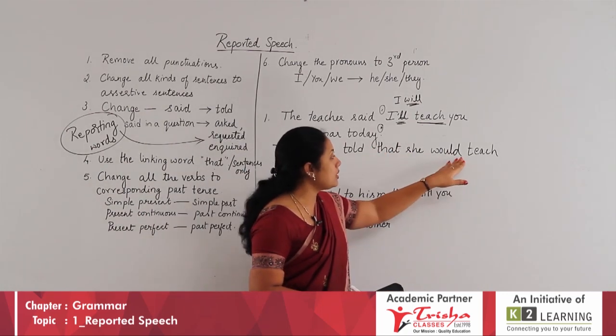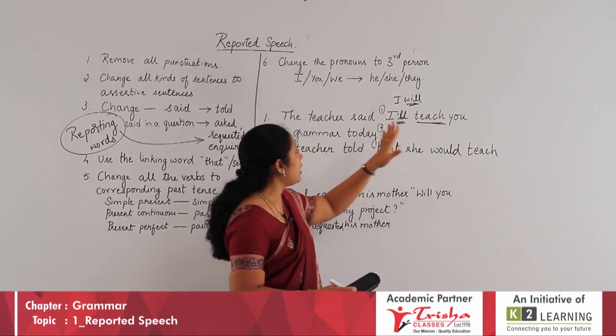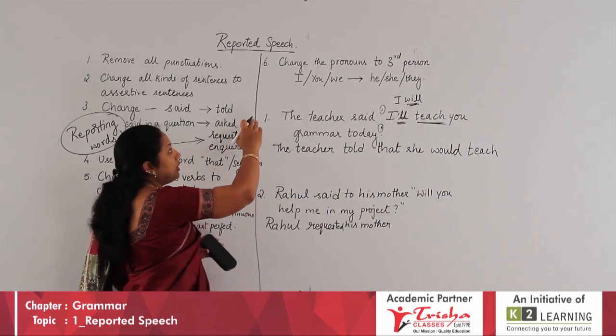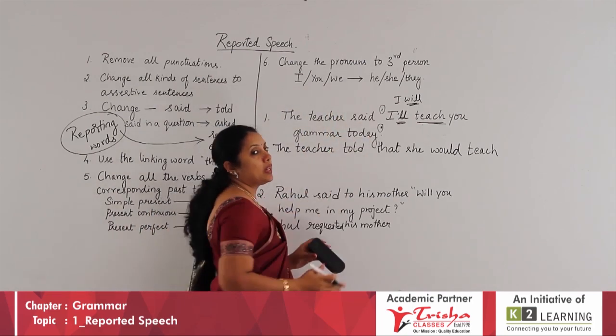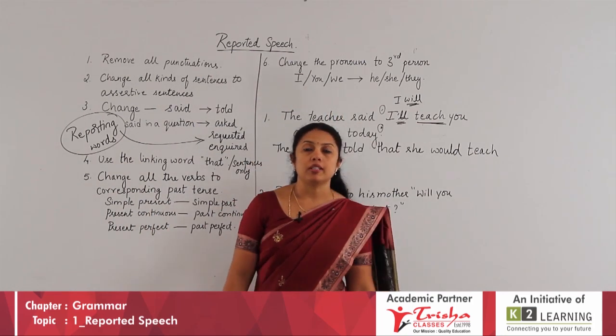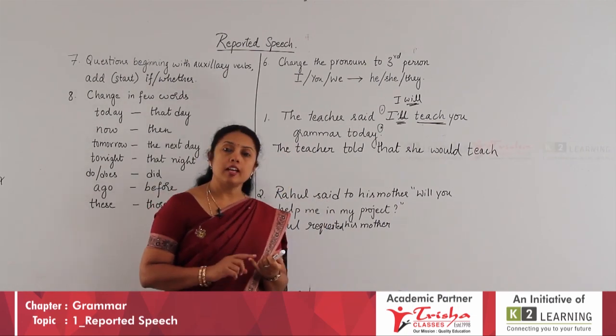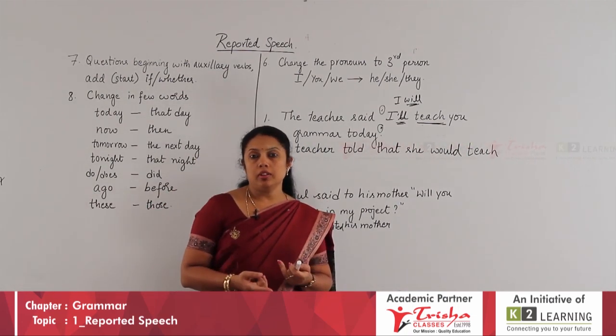Now coming to this, she would teach, then you has to be changed. When I have written here that the pronouns have to be changed to third person, the pronouns change from first and second person to third person.